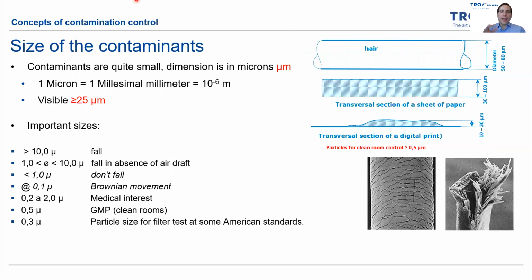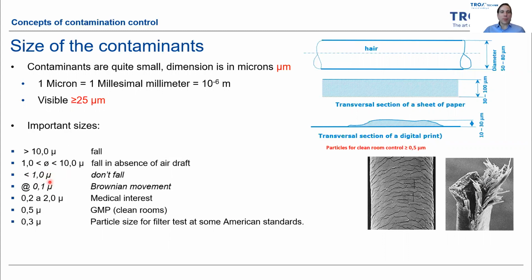If you look at a hair, the hair has 50 to 80 micrometers. Any particle that's bigger than 10 micrometers will fall. From 1 to 10, they will be floating in the air. If there is no draft or air currents, they will go down. But in our environments, with people walking and moving around and the air conditioning system, they will stay floating.